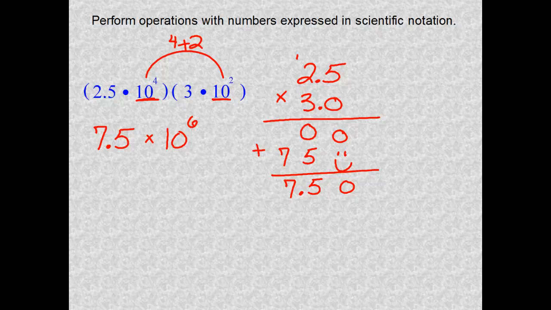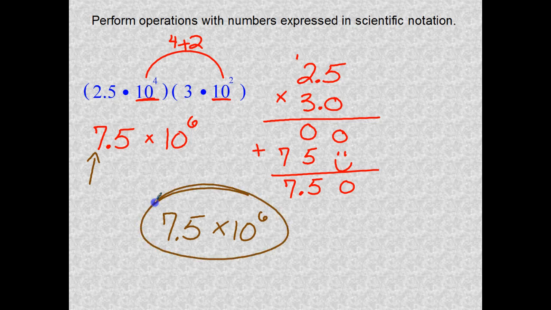Remember, by rule, the C has to be between 1 and 9, and this guy right here is okay. The number to the left of the decimal must be 1, 2, 3, 4, 5, 6, 7, 8, or 9, and it is 7. So we don't have to make any adjustments to this. Final answer: times 10 to the 6th.